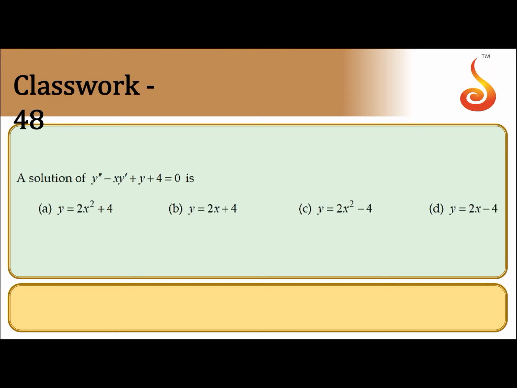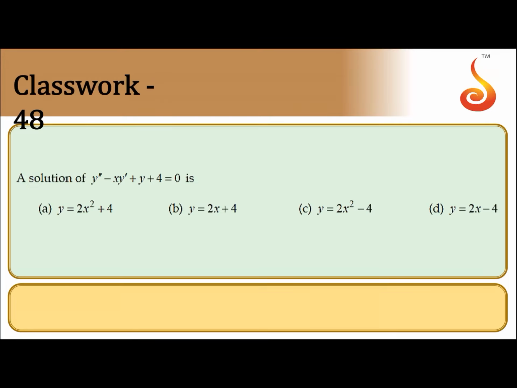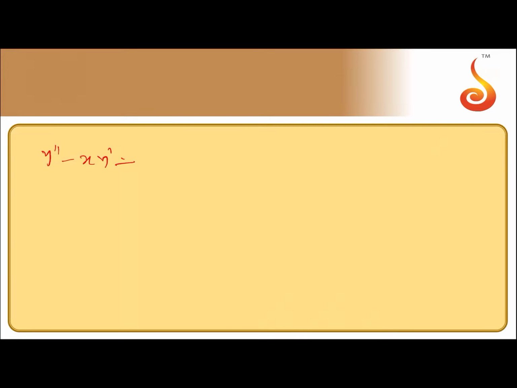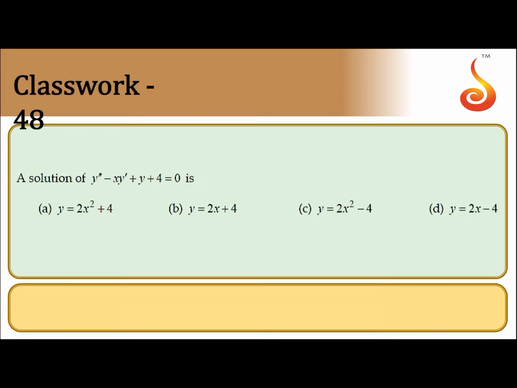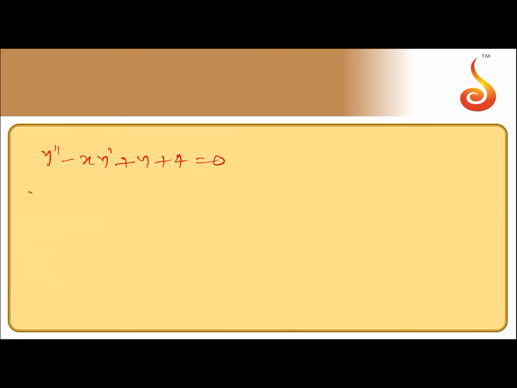Coming to the next one: y double dash minus xy dash plus y plus 4 is equal to 0. I think verification can be done. Let me take up one of the conditions, y equals 2x plus 4. A linear form will be easy to calculate.